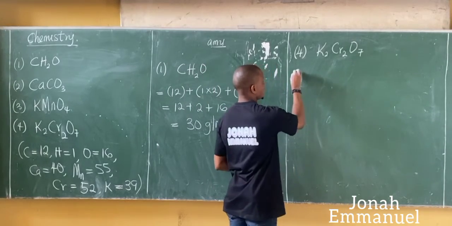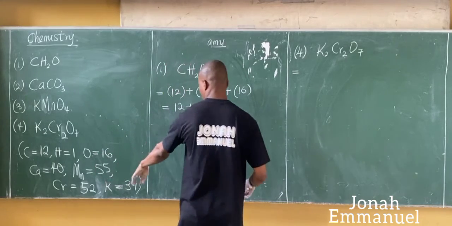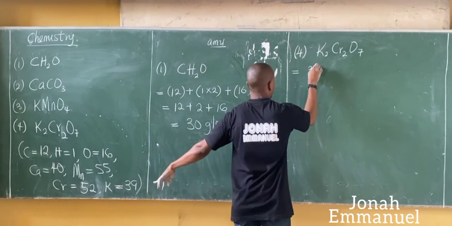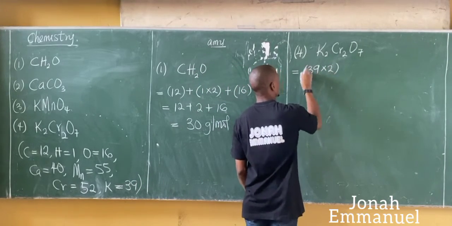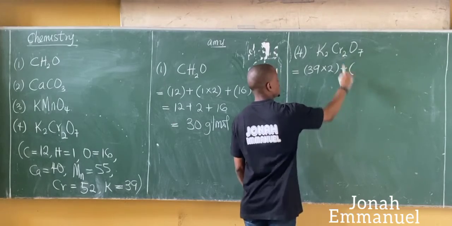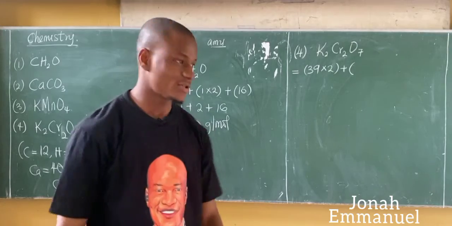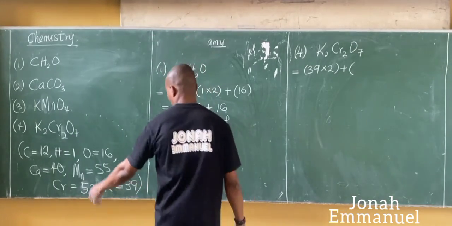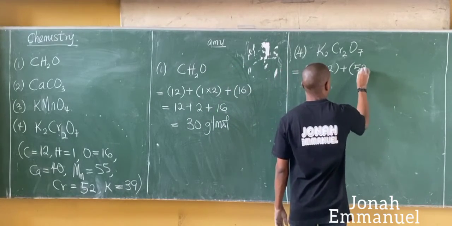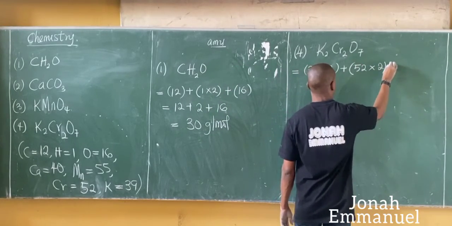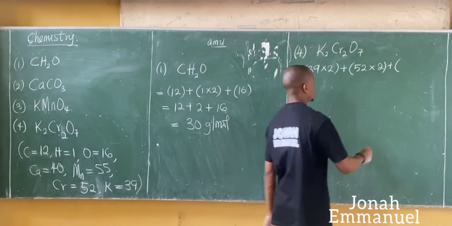How do I get the relative molecular mass of this compound? Same concept. Potassium, what's the number? 39. I'm having two atoms, so that's 2 times 39, plus chromium. What's the number here? 52. How many atoms? 2 of it. Oxygen, what's the number? 16.